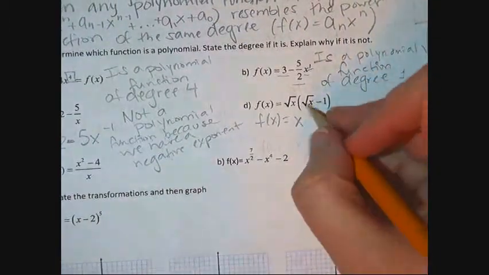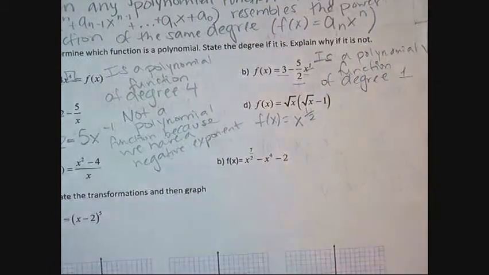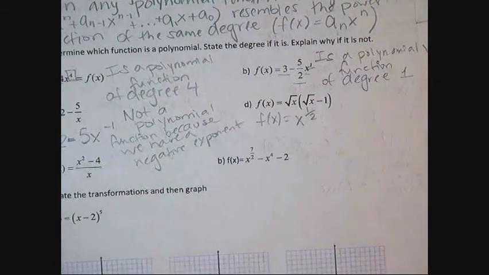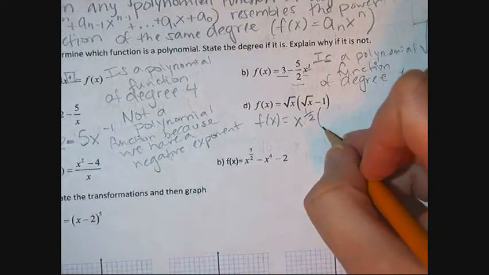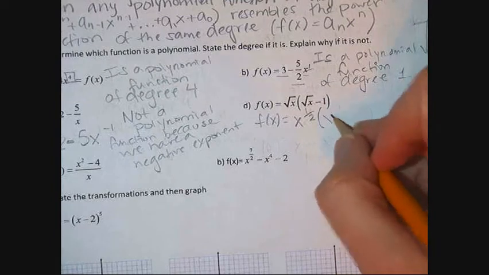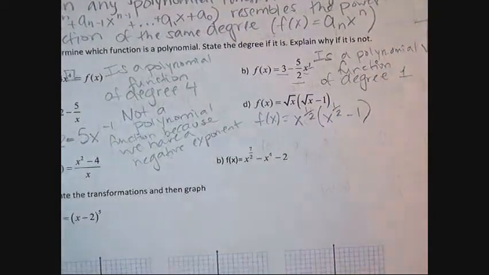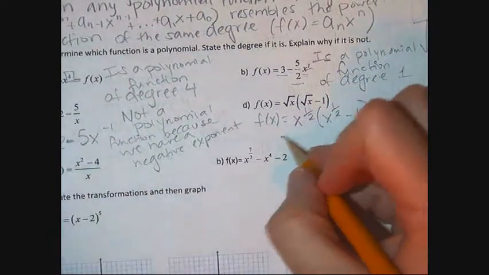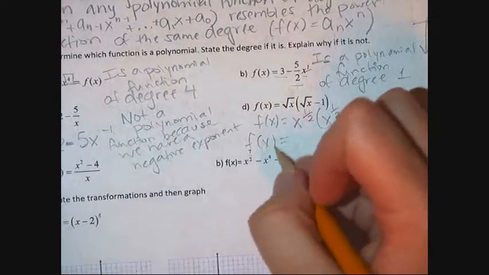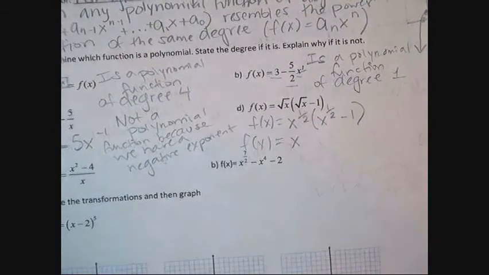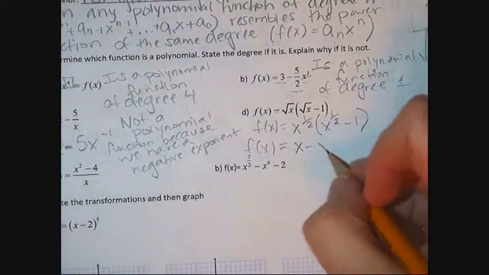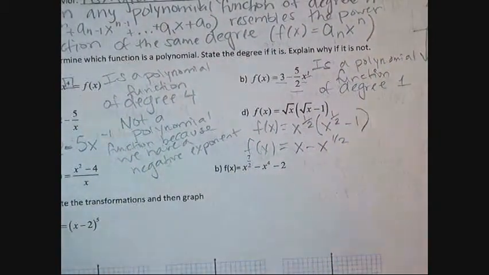So we know that the square root of x is the same as x to the 1/2, 2 being the root in the square root, so it goes on the denominator. Okay, so we can write those square roots as 1/2 exponents. So we would end up having x to the 1/2 times x to the 1/2 minus 1. We can multiply these out to condense our function even more. And we would end up having x to the first, when we add those exponents, minus x to the 1/2.